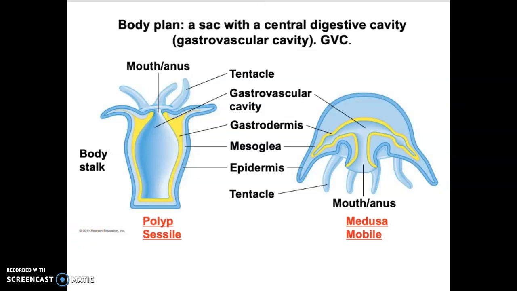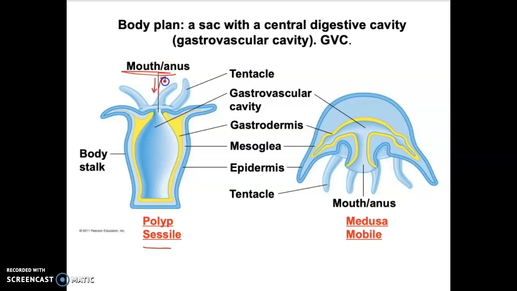Now, take your bag, or your sac, and stick it down on the ground and attach it to the ground, and you have what we call the polyp body plan. Here's your sac. You've got an opening on the top. That's the mouth and anus, the same structure. Food goes in, waste product comes out.